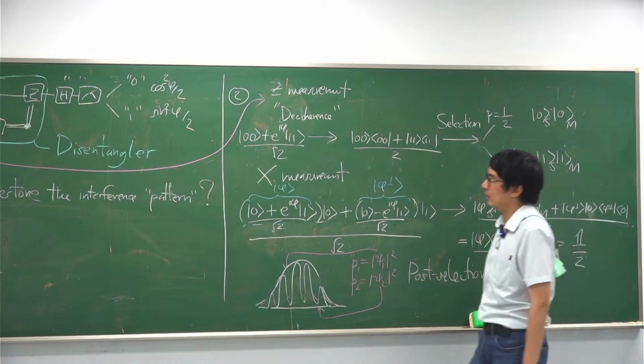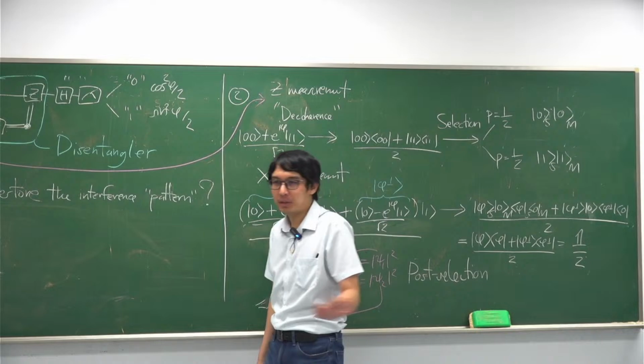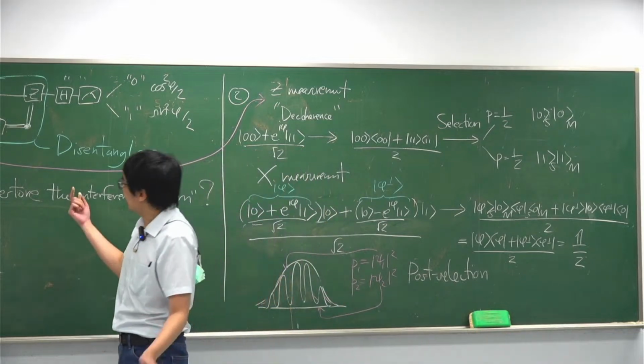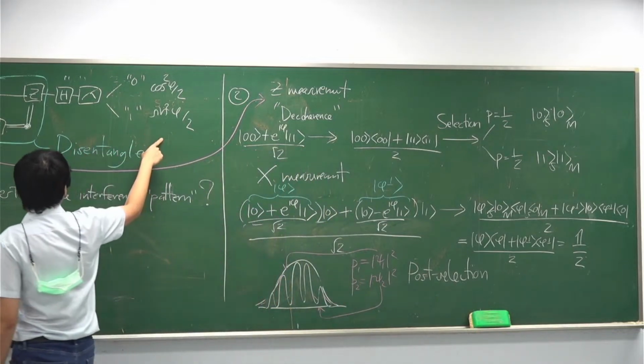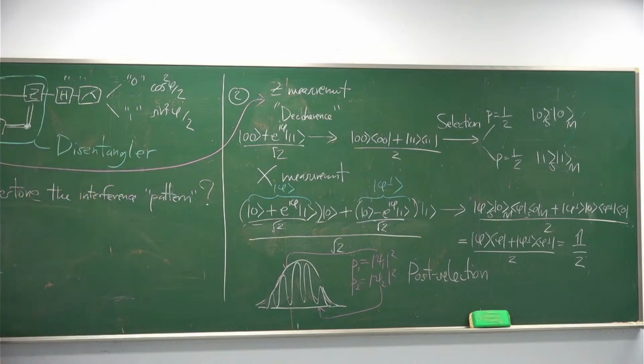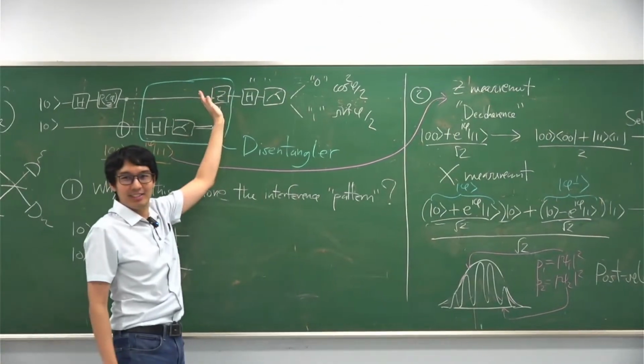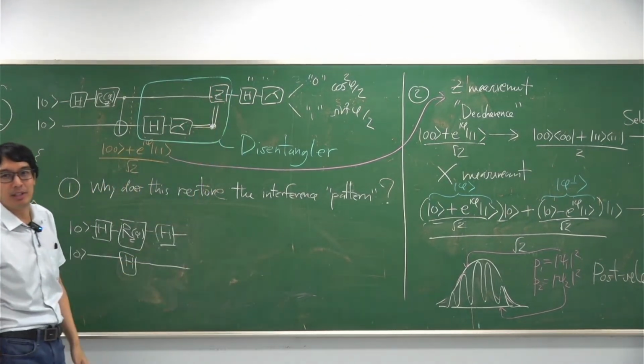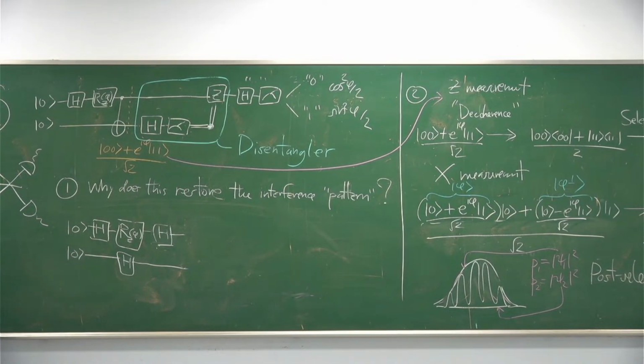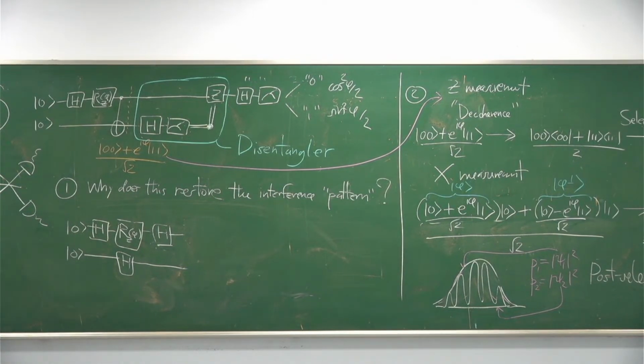Yeah, so is that okay with everyone? So looking at the measurement of the second qubit afterward does not change the past, does not change whatever you recorded from the measurement of the first qubit.